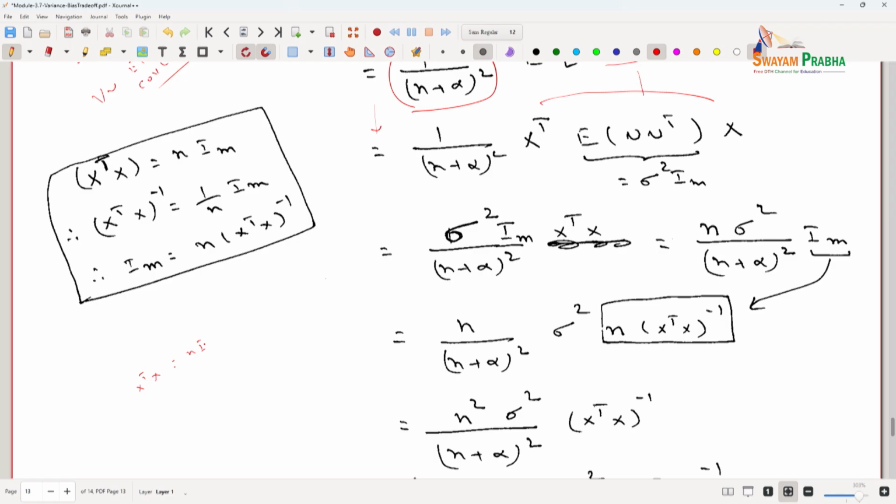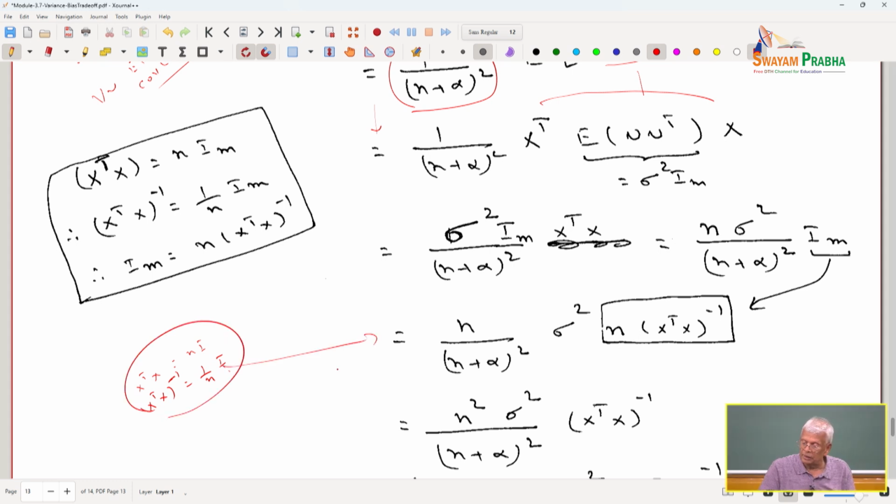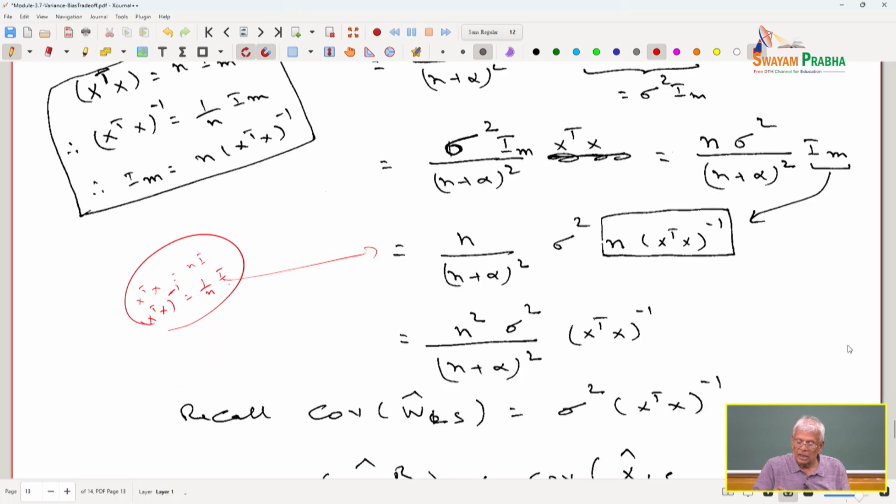Therefore, from here x transpose x inverse is equal to 1 over n times I. Therefore, I can be expressed as n times x transpose x inverse. So, by using this in here, now this becomes n sigma square by n plus alpha square x transpose x.